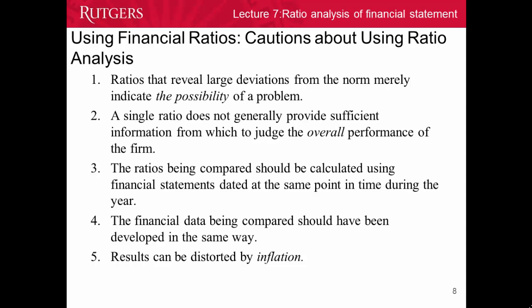I think this is very straightforward, as it is meaningless to compare ratios from different years. Fourth, the financial data being compared should have been developed in the same way. And finally, results can be distorted by inflation, and this is especially true for companies with overseas operations.